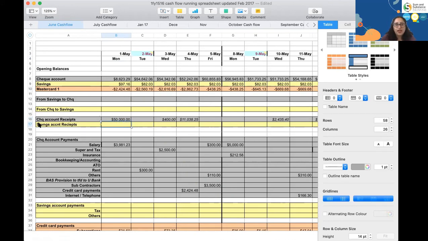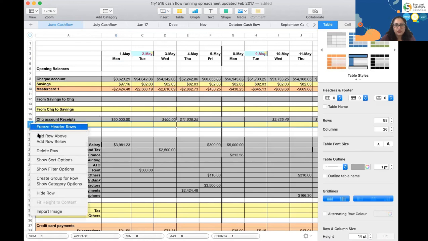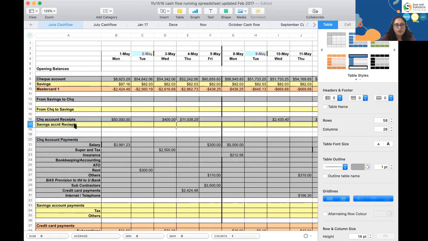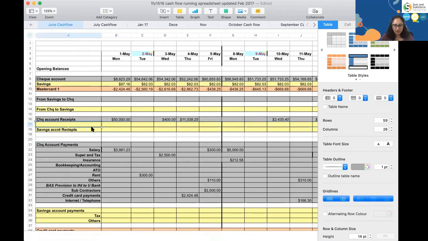Other than that, what I would do here is also add any government grants. If you look here, you can also have different colors: the gray is used for the check account, yellow is used for savings, and orange is used for MasterCard.